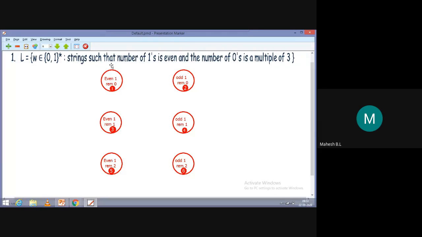So initially you have 0 ones, 0 zeros. 0 ones are nothing but even number of ones. 0 zeros are nothing but zeros which are a multiple of 3. That's why state 1 itself is the initial state.